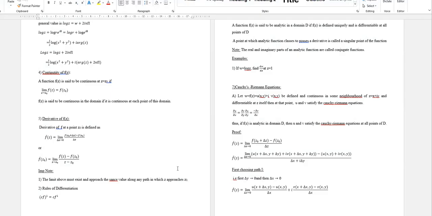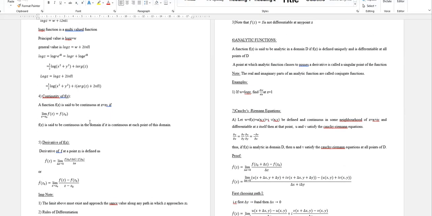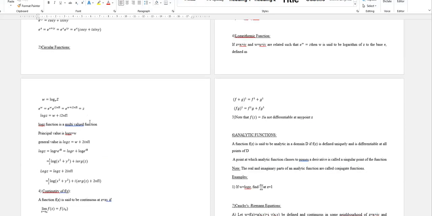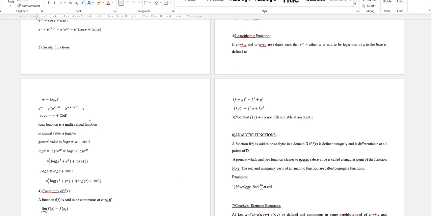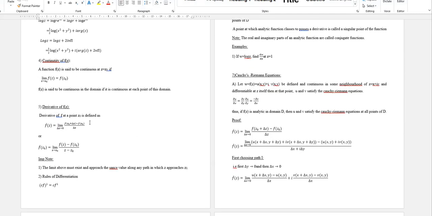All right. So now we move to complex differential calculus. We discussed limits earlier. Now we'll discuss continuity.